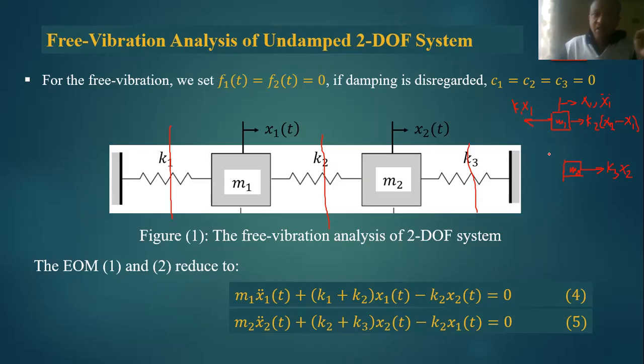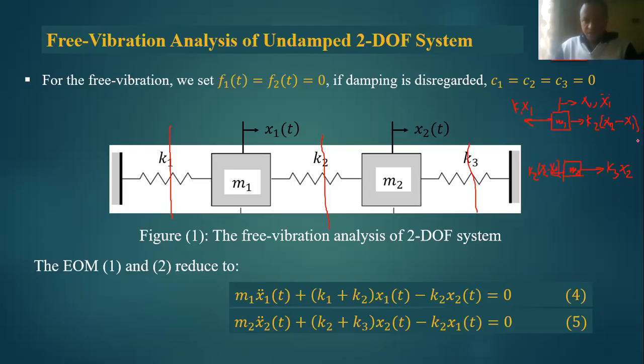Here we are still considering compression of k3 and tension of k1 and k2, so both masses are moving farthest to k3. And in this direction, we have k2 times (x2 minus x1), the relative deflection between the two.